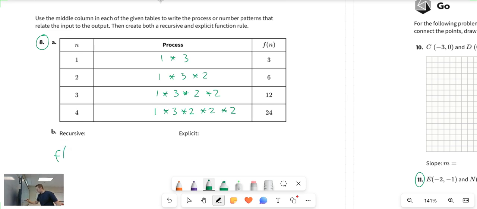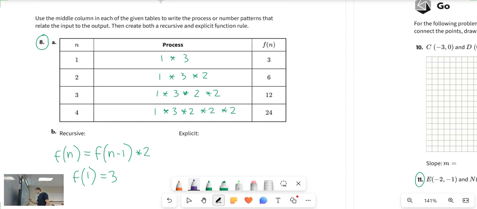Where we just have f of n equals f of n minus 1 times 2, so our value is our previous value times 2, and f of 1 equals 3. So that's pretty easy.